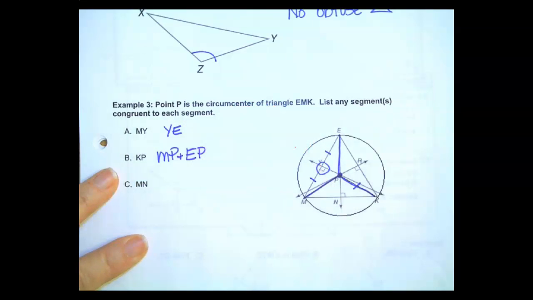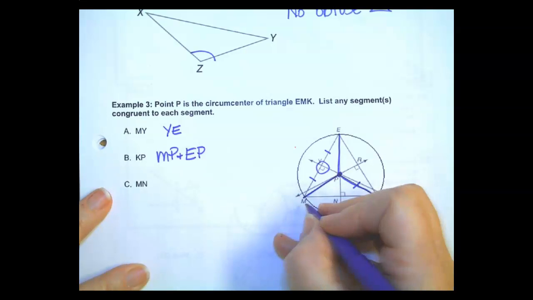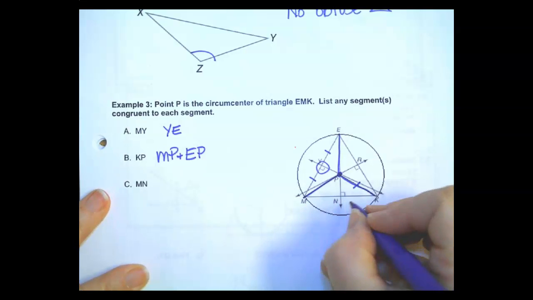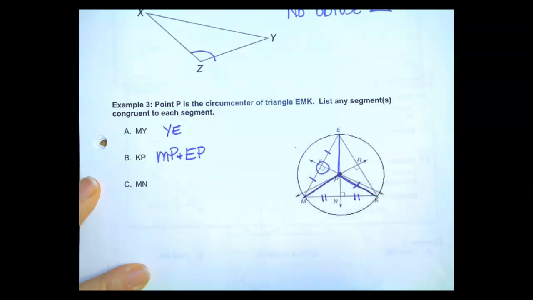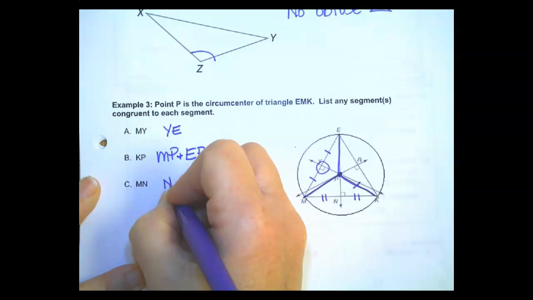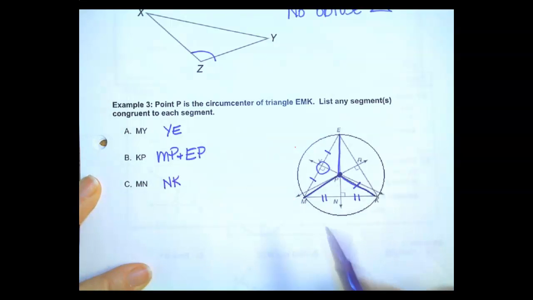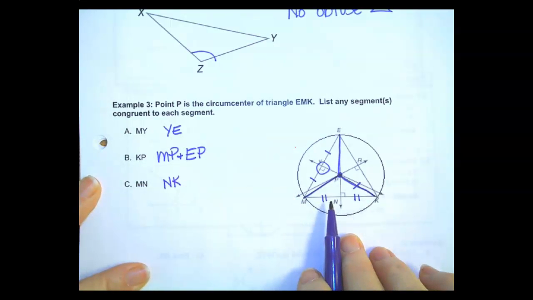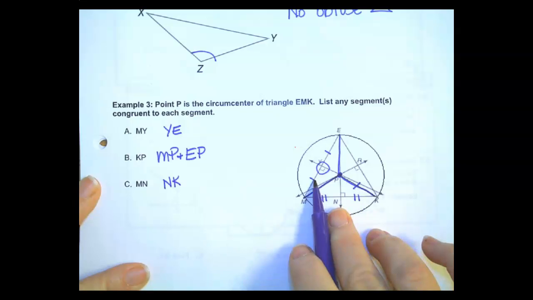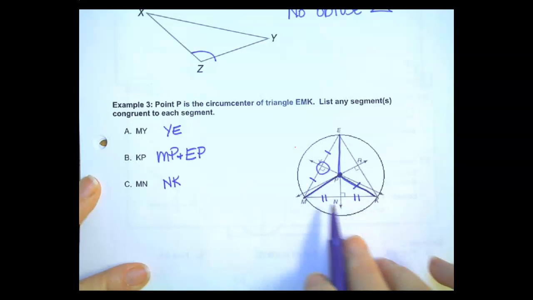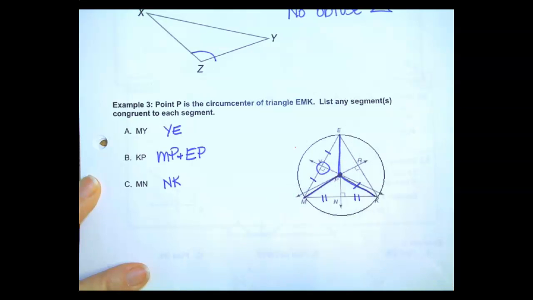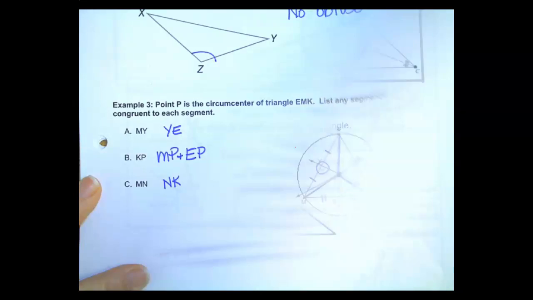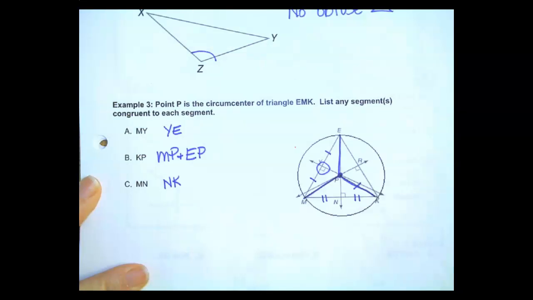MN is the same as NK. So this one would be the same as this one. I'm not necessarily saying that this is the same as this. It's a whole different thing. These are not equal to those two or those two. That's not given yet. Is there anything else? I think that's it.